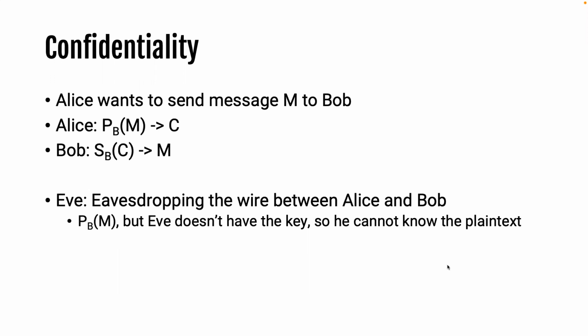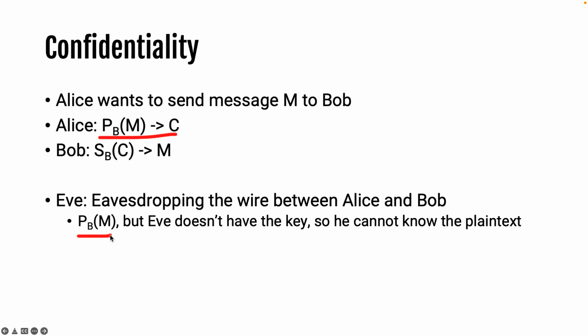If there is a bad person, we call her Eve, who is eavesdropping between Alice and Bob, what can Eve receive? First of all, Eve knows the public key, right? That is the setup of the asymmetric cryptosystem. And Eve knows the encrypted message, the C here, which is also PB of M, right?